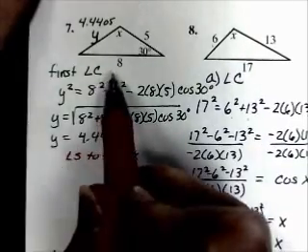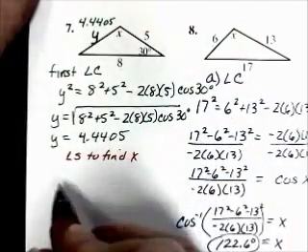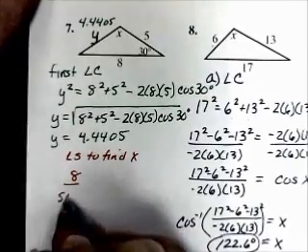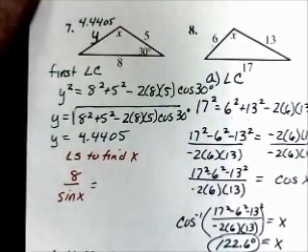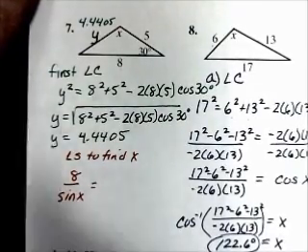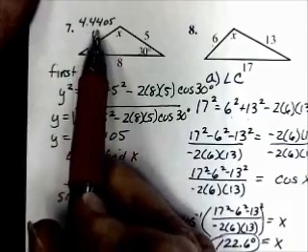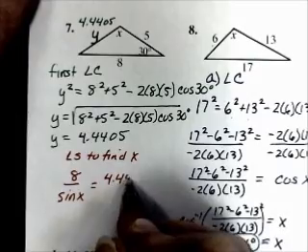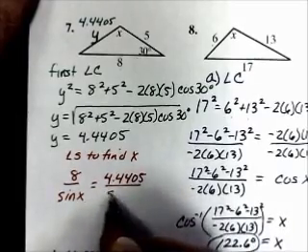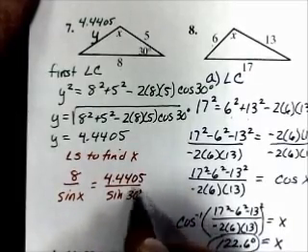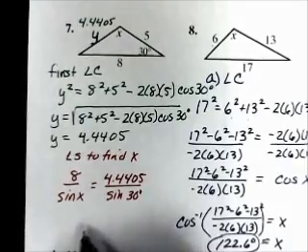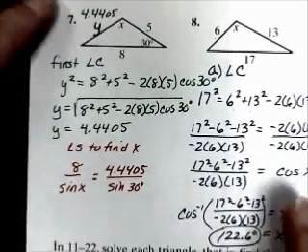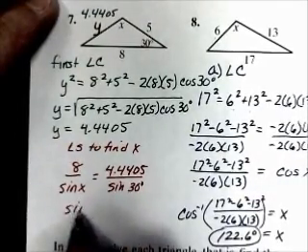So we start with the side opposite. 8 over sine x is going to equal 4.4405 over sine 30. Cross multiply. I'm running out of room here, so I'm going right to sine x.